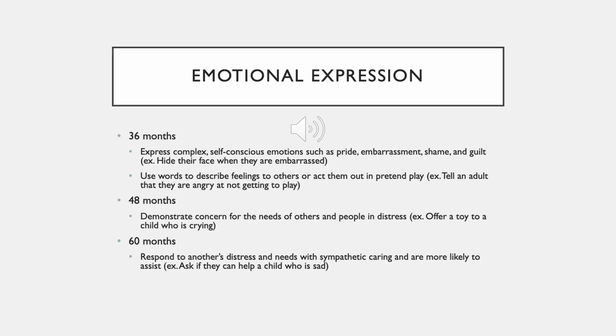Okay, and the second milestone that we're going to be discussing is our emotional expression. So the ability for children to express themselves in socially appropriate ways. So their understanding of emotions is a key step in being able to express their emotions in socially appropriate ways.